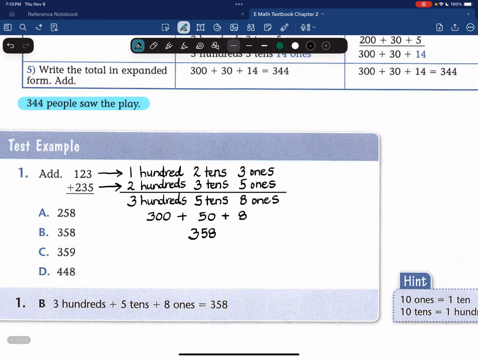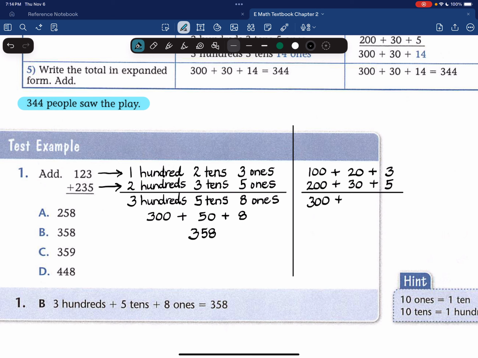Okay, using the other method, let me draw a line so we can get a little separation. So we would have 100 plus 2 tens, that's 20, plus 3 ones, and then 200 plus 3 tens plus 5, and then we would add those pieces together.